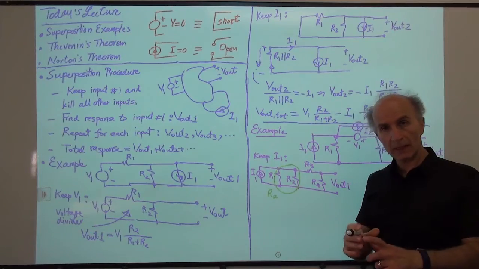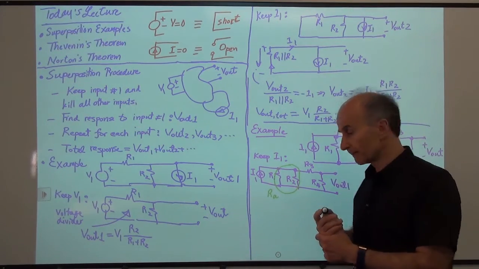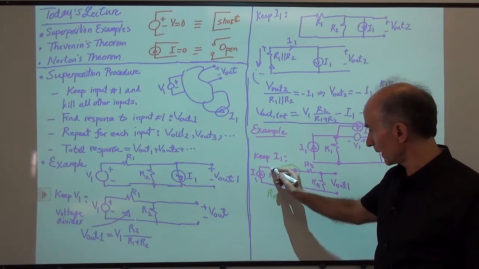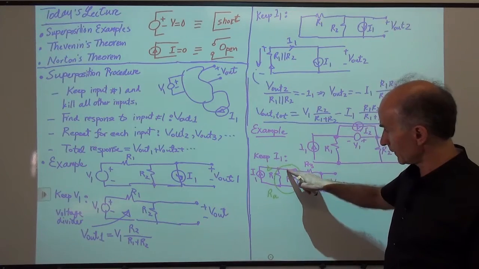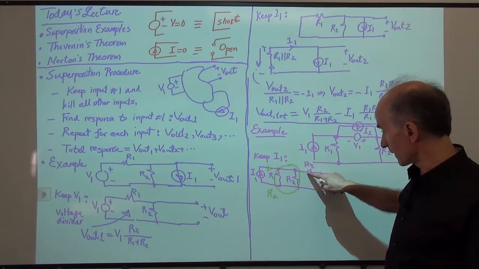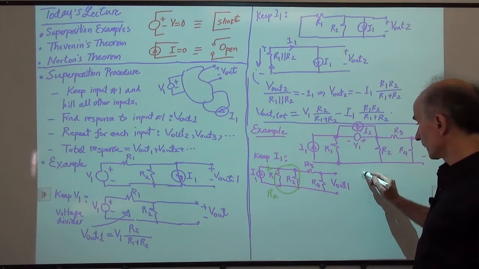All right, two resistors in parallel. RA is equal to R1 times R2 divided by R1 plus R2. Okay, so this current is coming in this way. It sees this resistor between these two wires, and then it sees another resistor between these two wires. So equivalently, this is what we have.